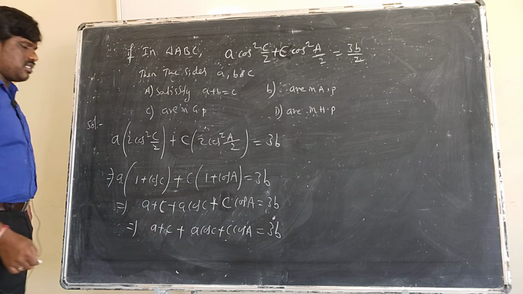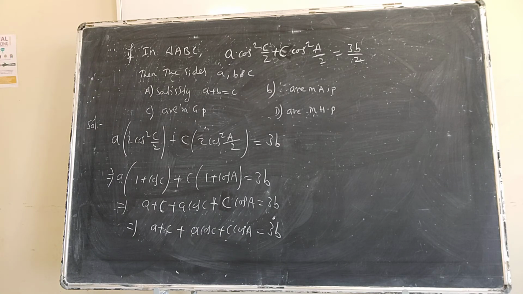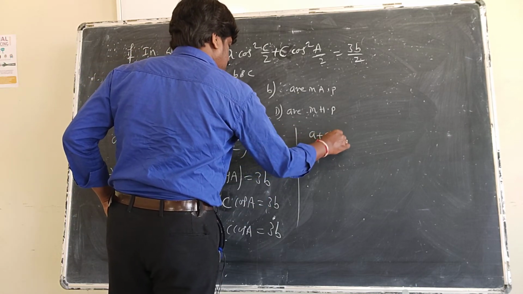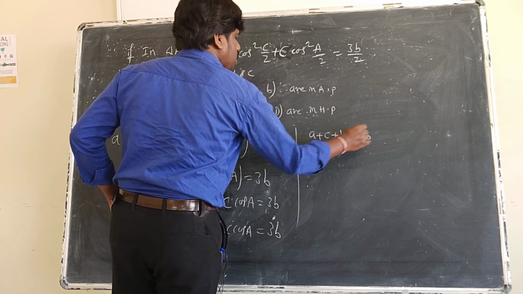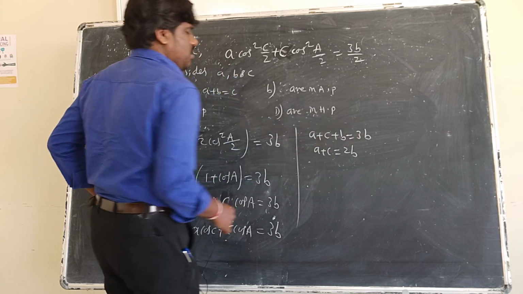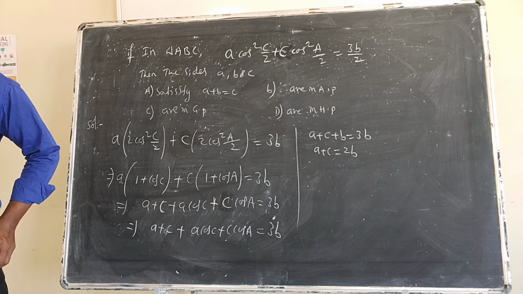Now tell me, A cos C plus C cos A can be written as what? B, projection rule. So I get A plus C plus B is equal to 3B. So A plus C is equal to 2B, if I send B to that side.